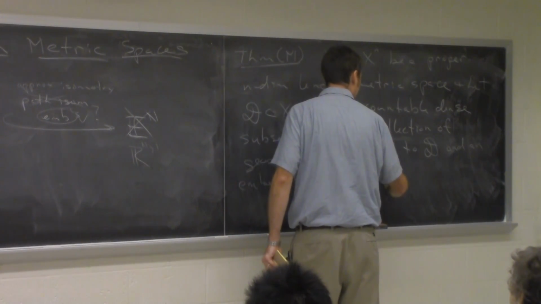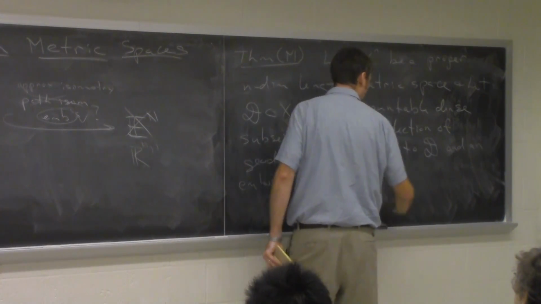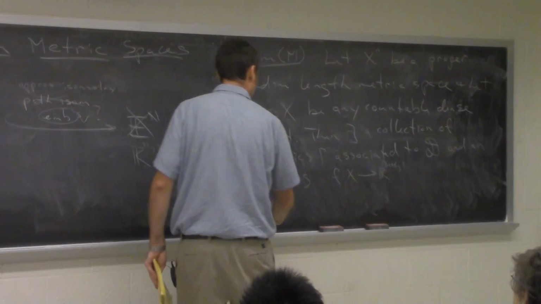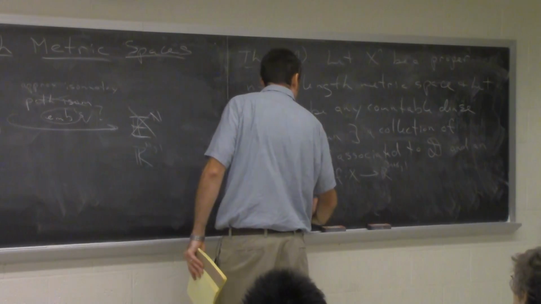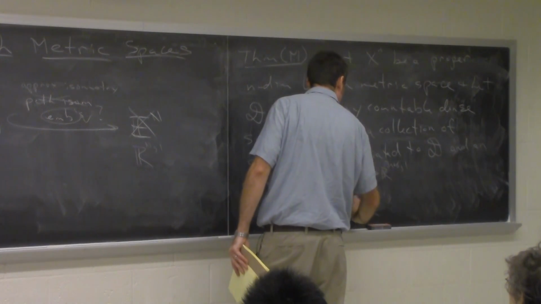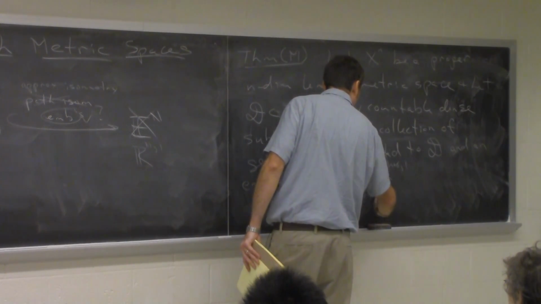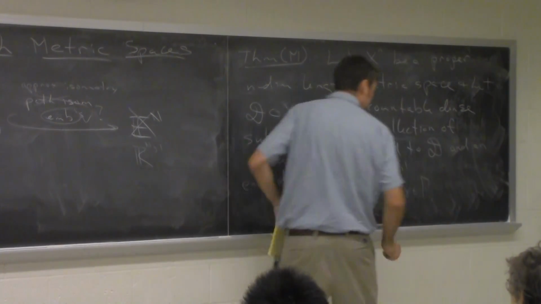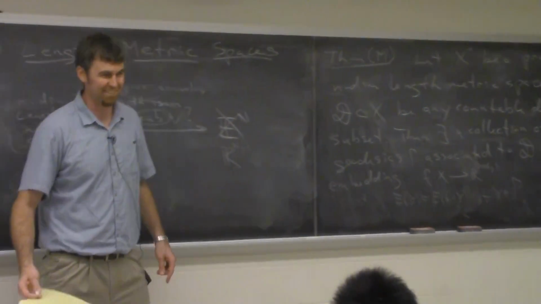I needed 3n plus 6 positive, 1 negative, and an embedding such that the energy of some little gamma equals the energy of F composed with gamma for all gamma in big Gamma associated with D.